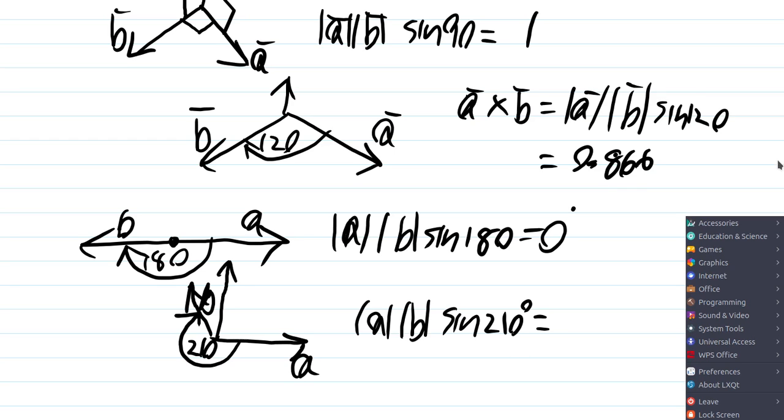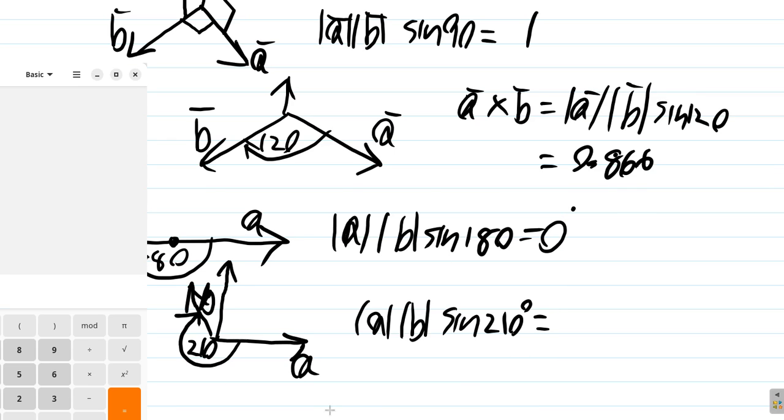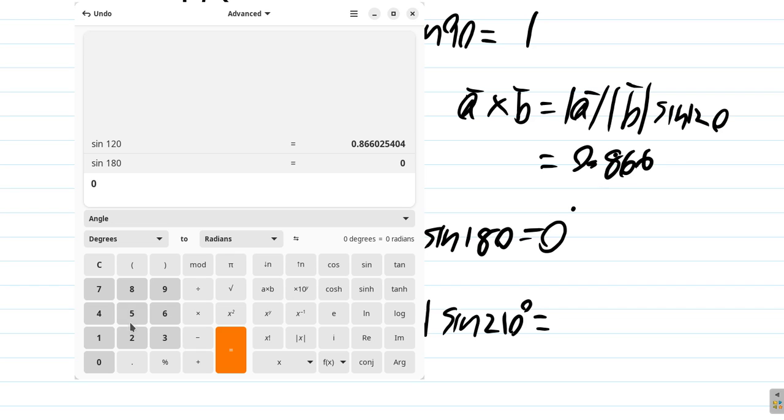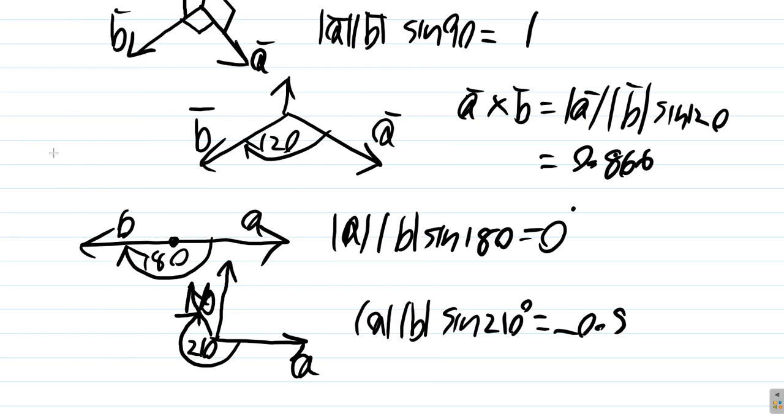Now what is sine 210? Sine 210 equals negative 0.5. So I drew it upwards, but it wouldn't be upward, it would be down. Negative 0.5 downwards. Alright? Okay.